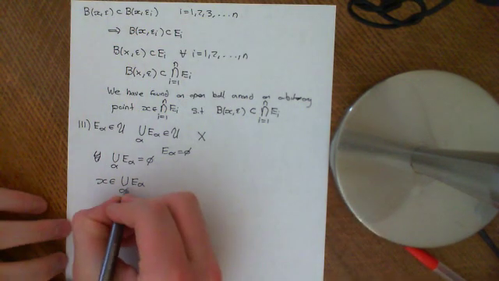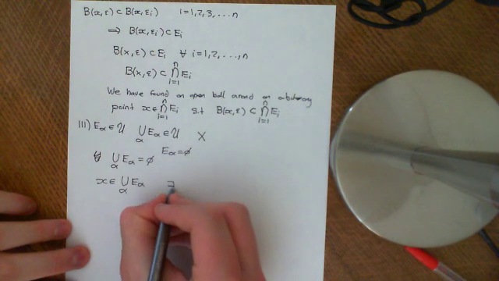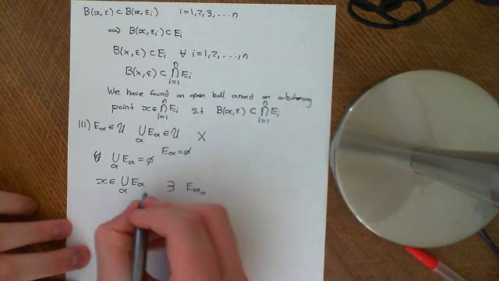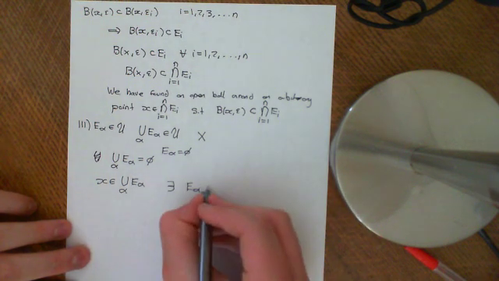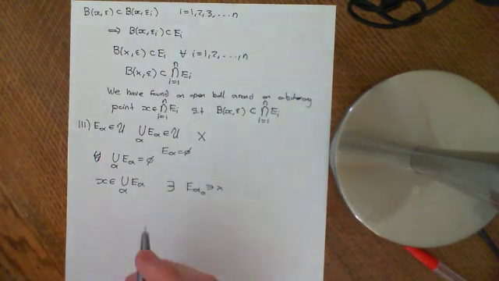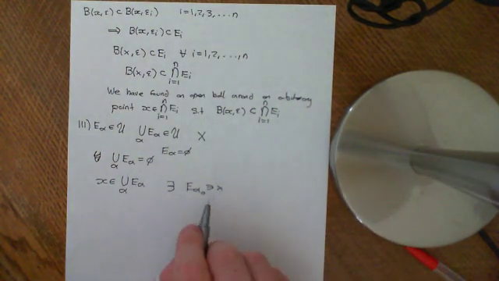Well, if x is an element of this union, then there must exist some set, let's say E alpha 0. So there must exist some set in this great big union which actually contained x. If x ends up in the union, then one of these sets that you were unioning had to actually contain x.